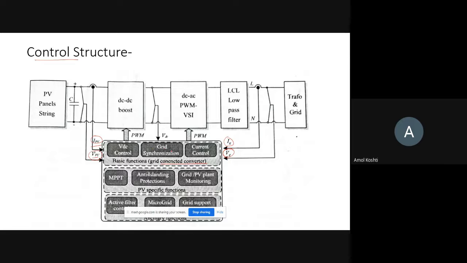And here we have some control blocks. Through that control block, we are adjusting these parameters through some gains, and again we are feeding back to the system and running the system. The second control is the PV specific functions, from the panels.